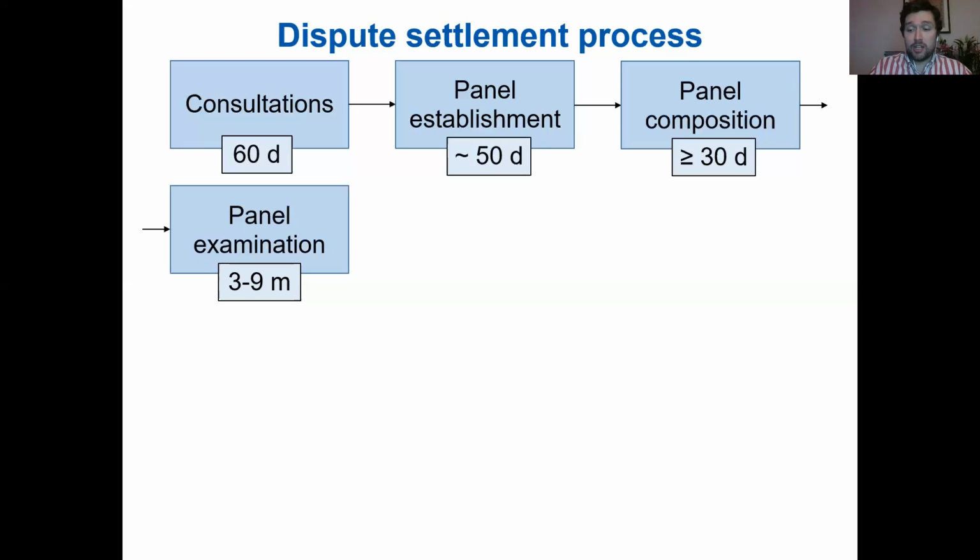So the panel examination takes pretty much time, and you understand that the violation started even before consultations were initiated. So all these half a year or even a year with a couple months more, the violation is still there. The measure which is originally challenged can still be not removed. So it is still a big disadvantage for the complainant.